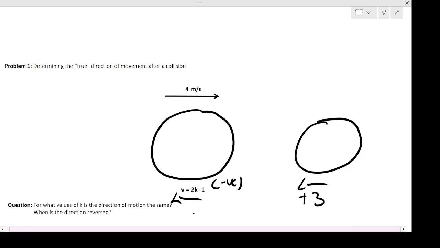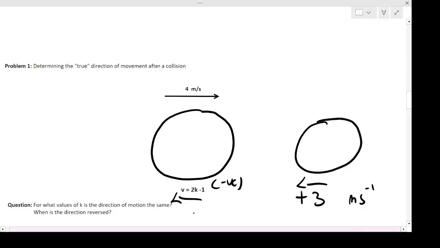So let's say we have something going backwards with positive speed, but that's telling me because it's positive, it's indeed moving backwards. Despite the direction being negative, the velocity is positive, which tells me it is indeed moving backwards.